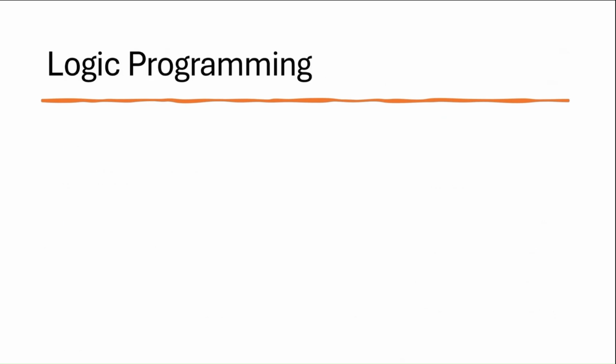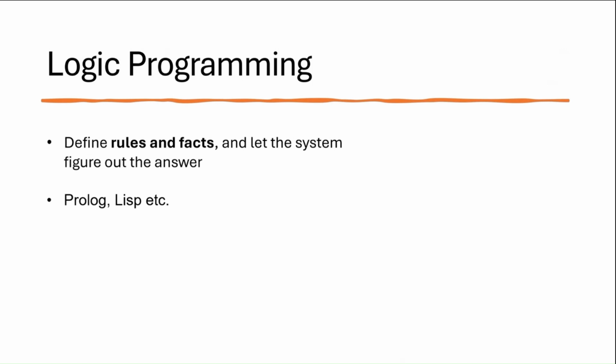The next programming paradigm, logic programming, is also a subtype of declarative programming, where it will have some rules and facts defined, and based on those rules and facts, the system will figure out the answer. So Prolog and Lisp are the programming languages which follow this kind of paradigm.